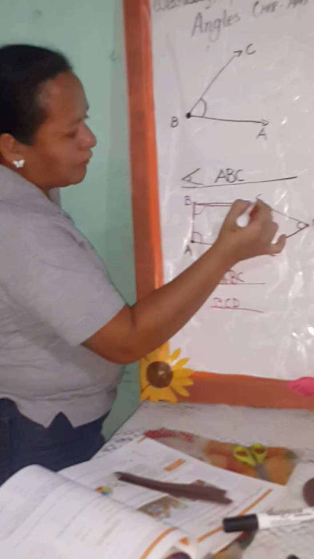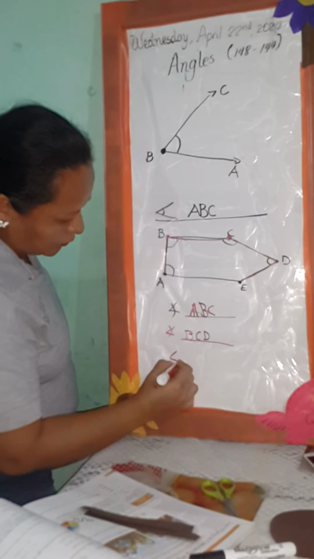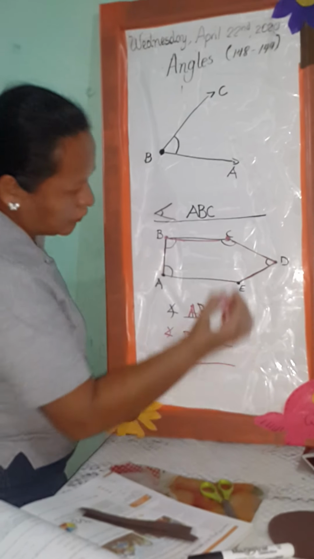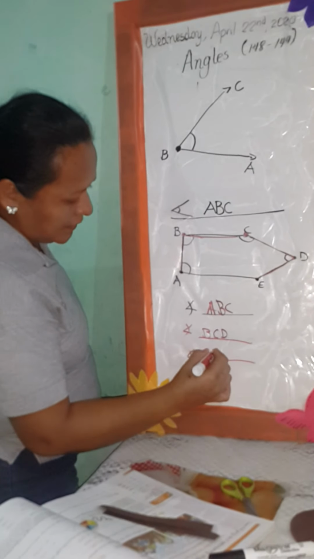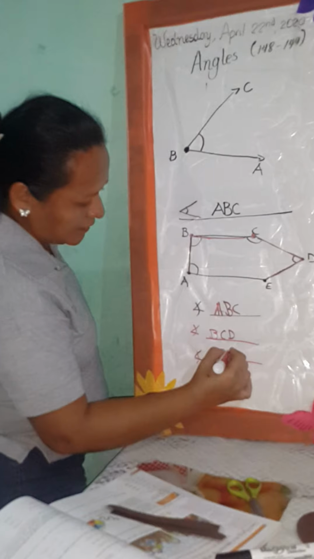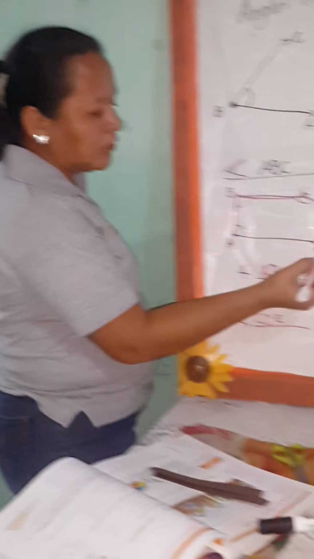Now let's read the angle from the C until the letter E. Okay, so you make that draw and you write C, D, E. Okay, that is number 3. And then you can continue reading.